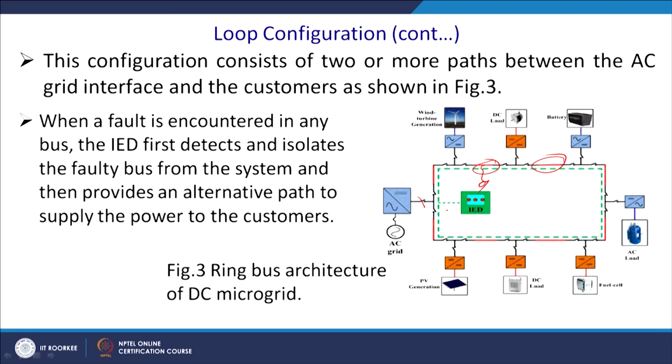Then what happens? You will be forced to isolate this portion of the load, but you can feed through this. So, you can isolate very well, and everyone can operate, because this circuit breaker will operate, this will be closed, and since the fault has occurred here, you will find power is flowing and all the entities are working fine.